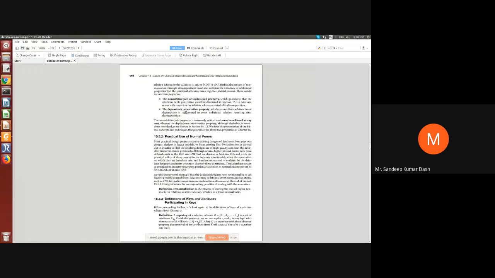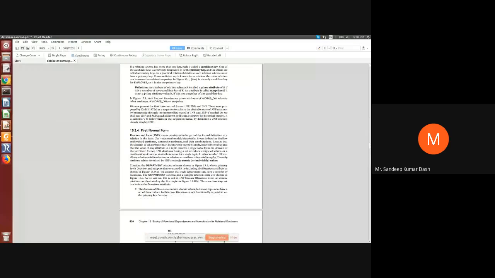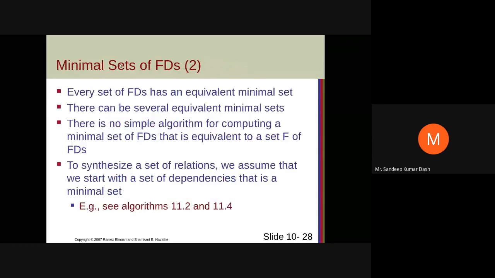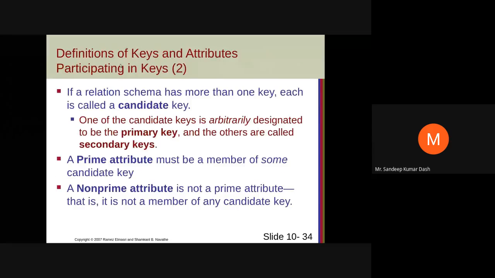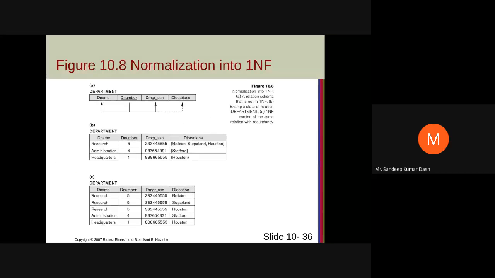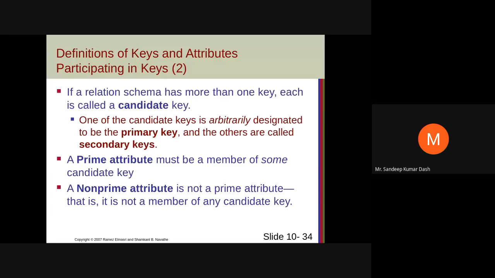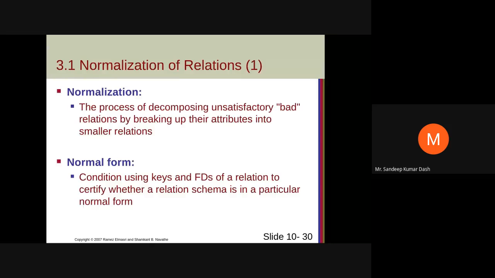Fine. So now we are ready for normal forms. Keys and attributes you already know. Let's go to the first normal form.